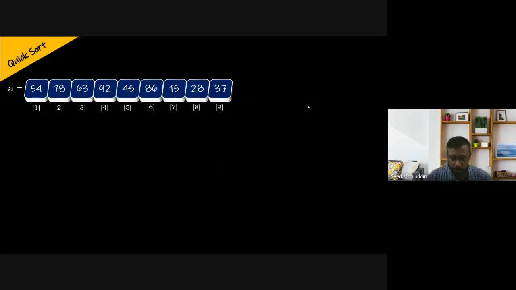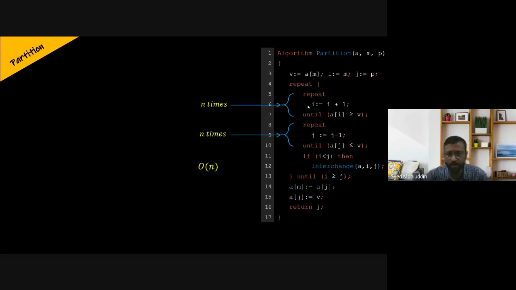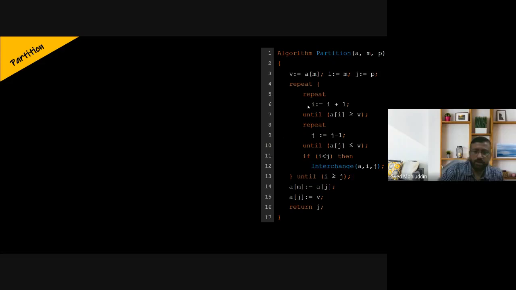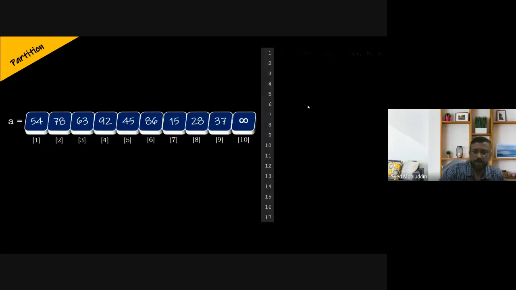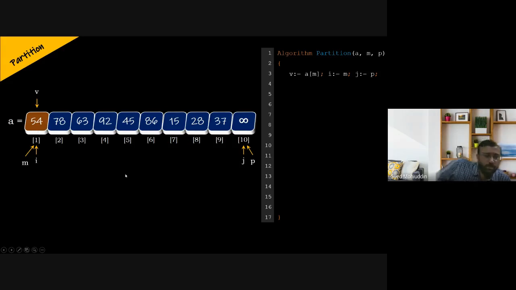Now, before we move further, one more clarification. Here we have selected the first element as the partition element to perform partition. It need not be. You can select the last element also as the pivot element, but your procedure of how you write the partition algorithm will differ.